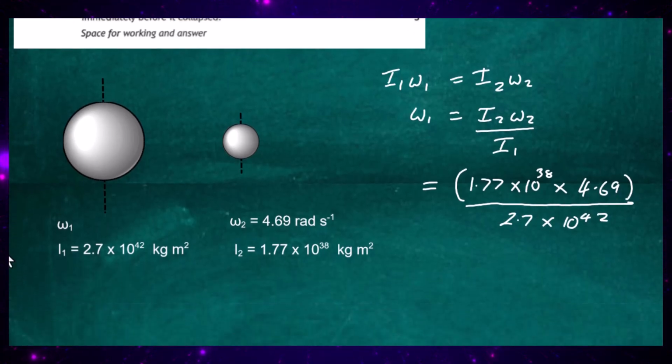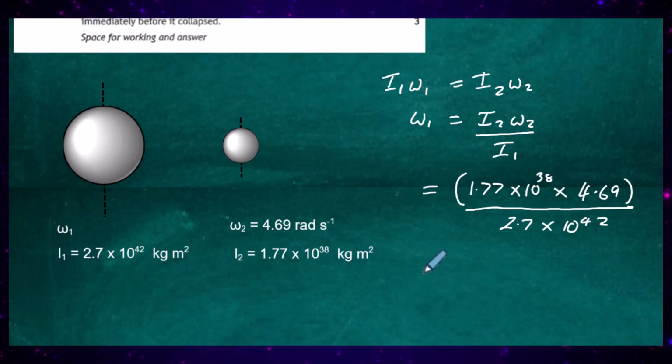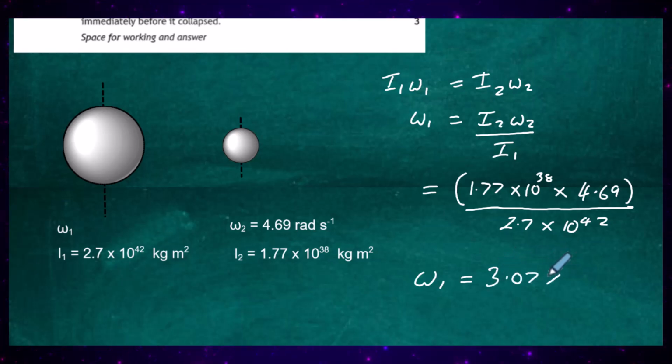Now we do that in my calculator, we end up with omega 1, the initial angular velocity, to be 3.07 times 10 to the power minus 4 radians per second for the units.